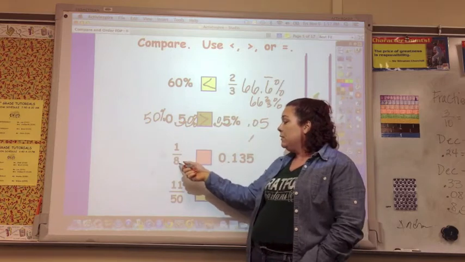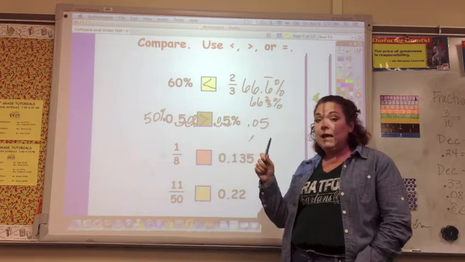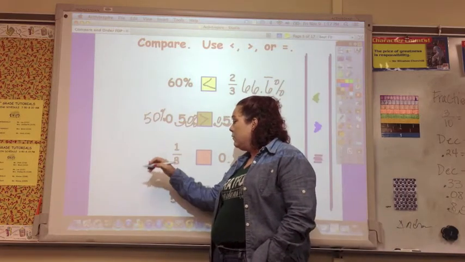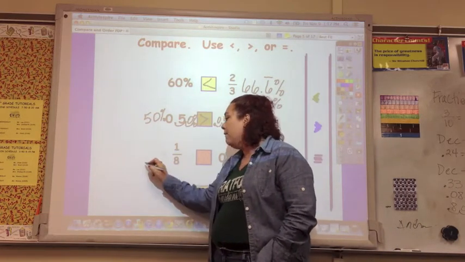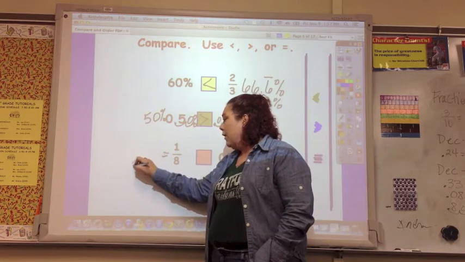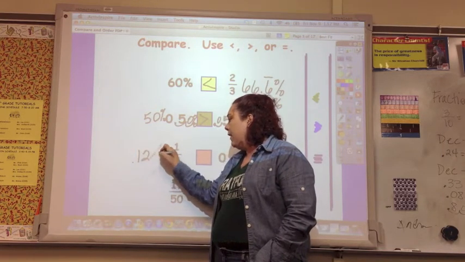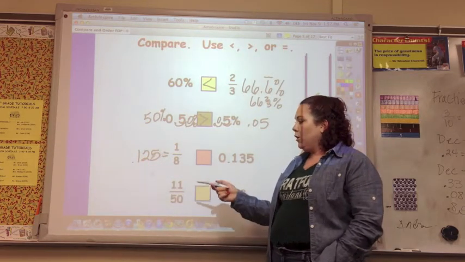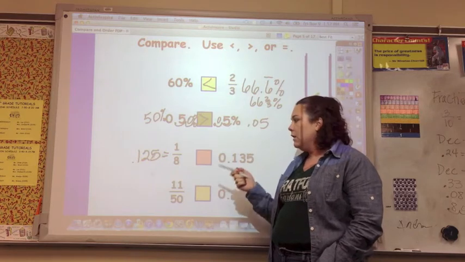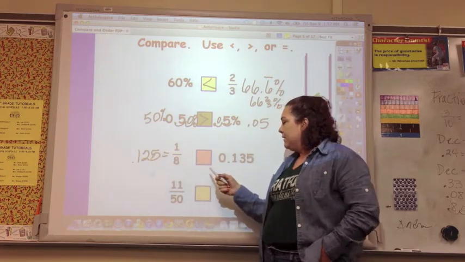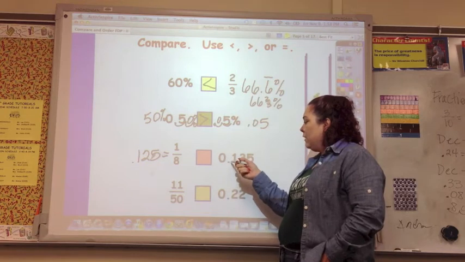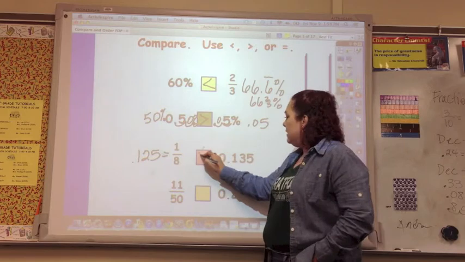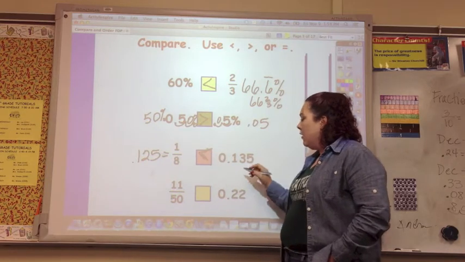So I want to turn this into a decimal, and 1/8 is one of those that we told you to memorize, and you know that 8 goes to 1,000 by 125, so it equals 0.125, 125 thousandths, or 12.5%.